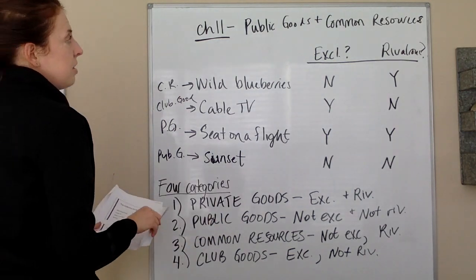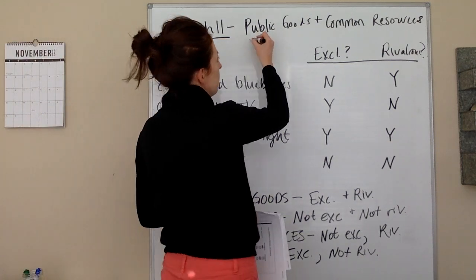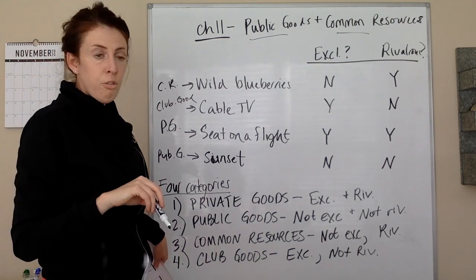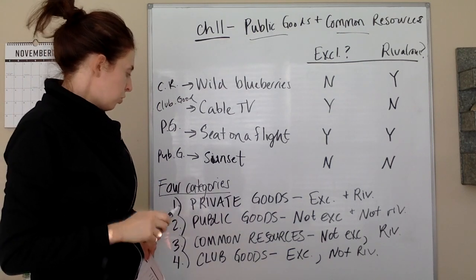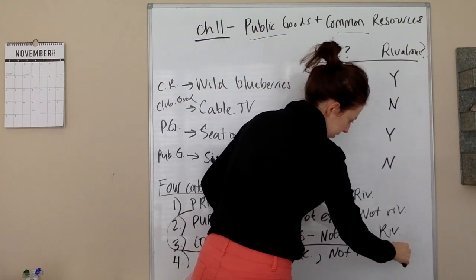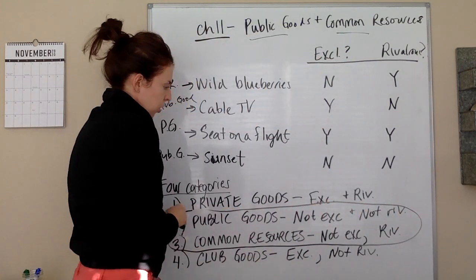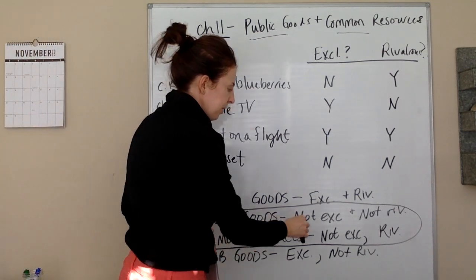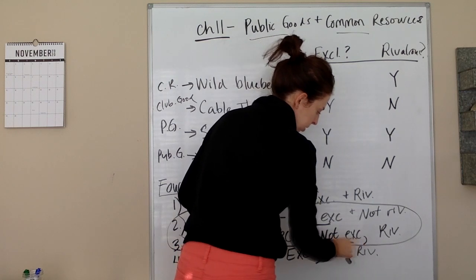Okay, so the name of the chapter today is, again, public goods and common resources. So these are going to be the two categories of goods that we're going to focus on. These two things share the characteristic that neither one of them is excludable.